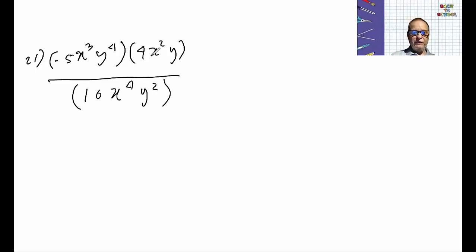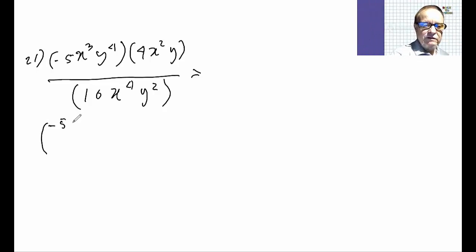But we go about this the same way, because probably we'll have to use the product rule and the quotient rule to complete this one. So again, I'll put together a bracket with all my numbers in it. So I have negative 5 times 4 divided by 10.